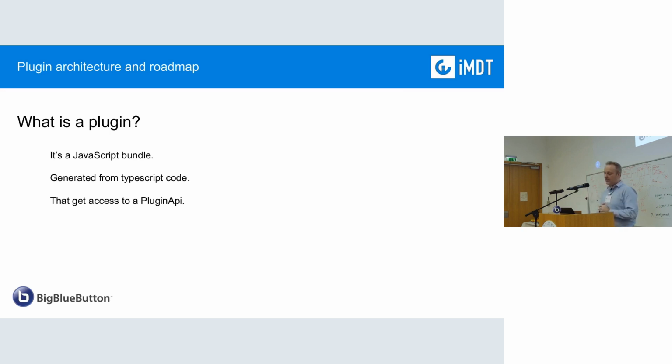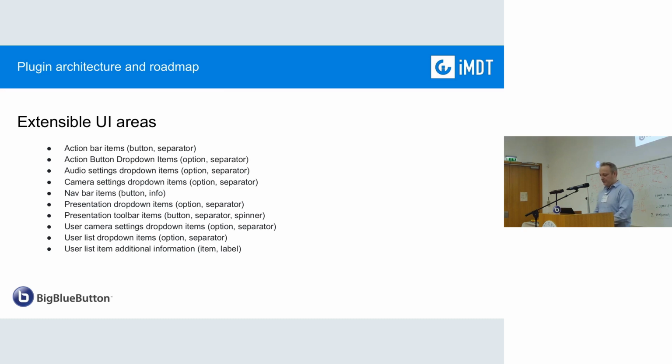So what is a plugin? A plugin is a JavaScript bundle. You create a project, you create a JavaScript, and this is the plugin. You write it in TypeScript, and it gets access to a plugin API, which provides some methods that you can use. One family of methods is the extensible UI areas.